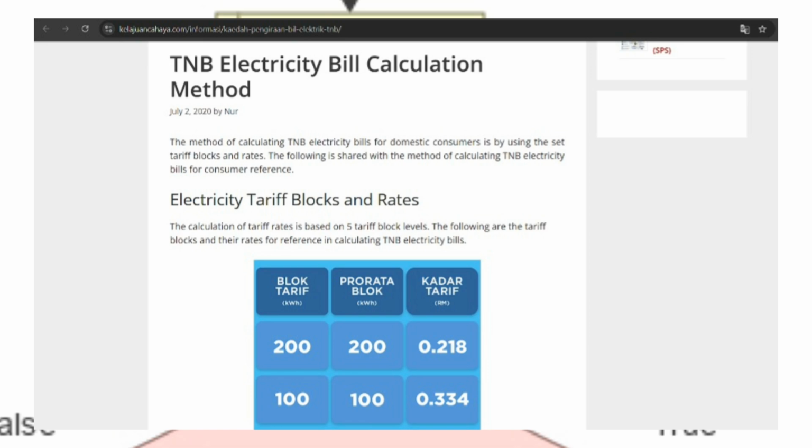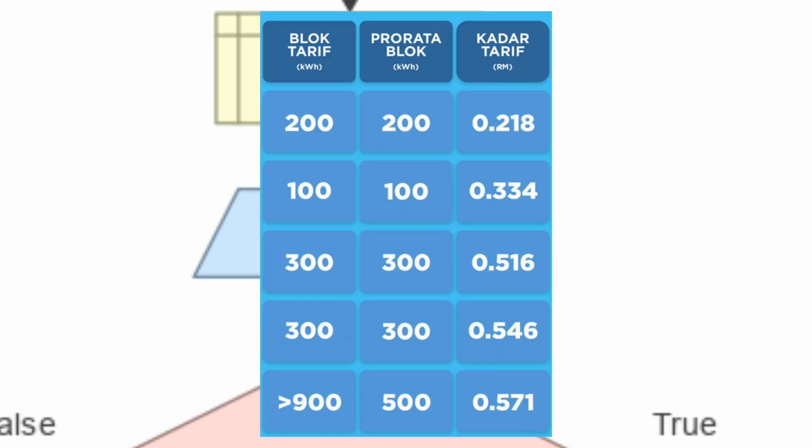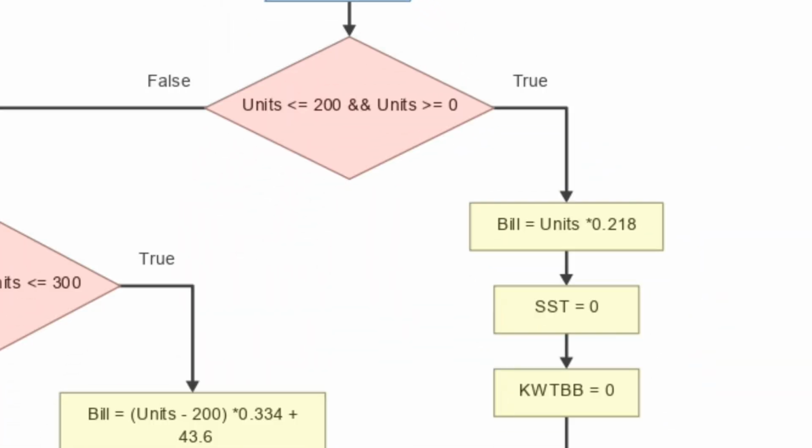Based on the block, which includes the TNB electricity consumption rate, there are 5 tariff blocks to calculate the total bill that needs to be paid. First tariff block. This block is charged at a rate of RM 0.218 per unit. The total amount of 200 units in this block, if fully used, is RM 43.60.